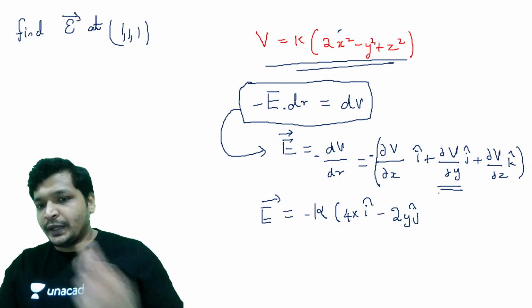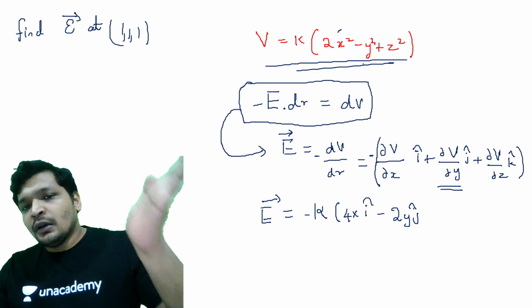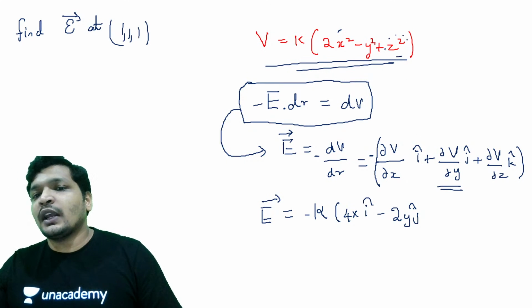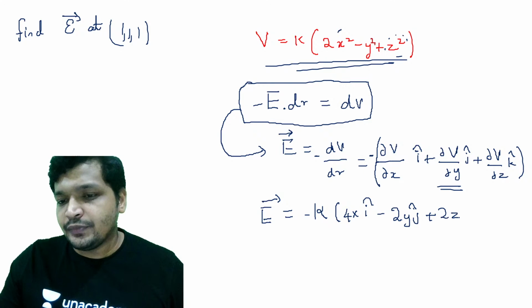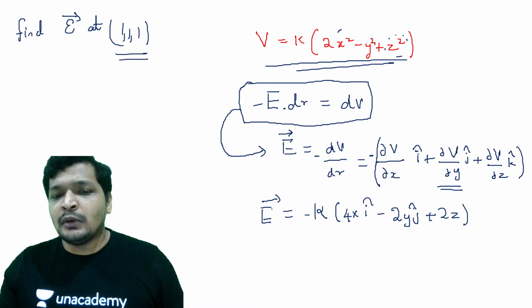Then for the third one, differentiated, 2x square does not show up, minus y square does not show up, 0, 0. Only z square is left over, giving plus 2z. Now I don't exactly remember the point, I think it was 1, 1, 1.